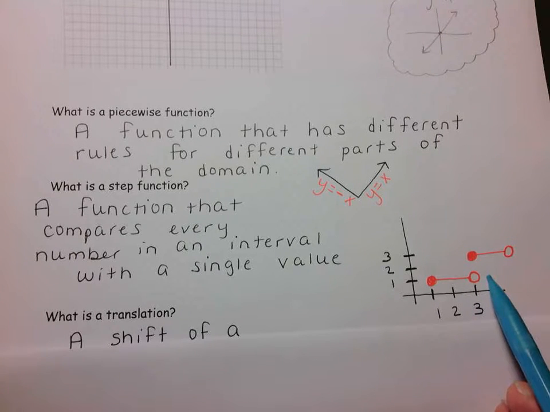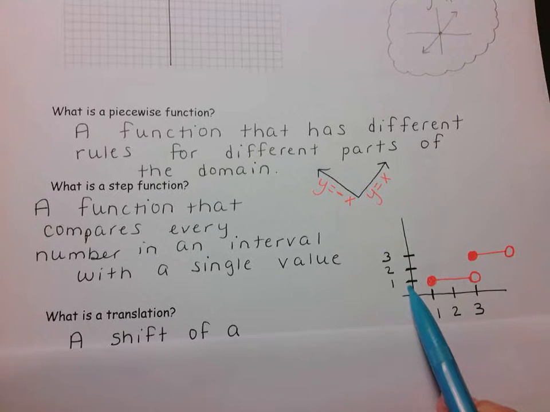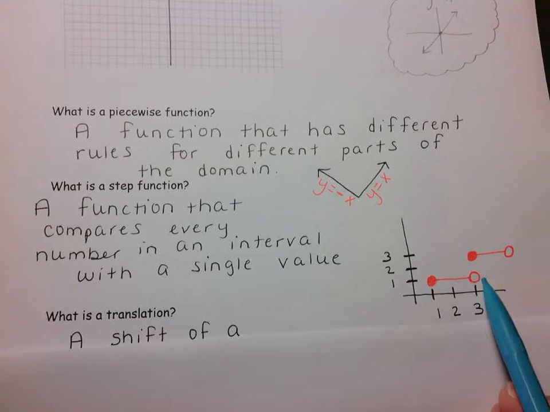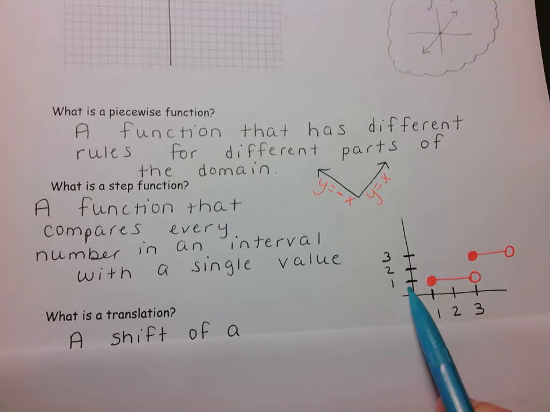What is this telling us? This is telling us that when x is greater than or equal to 1 and less than 3, y is going to be 1. It compares every number in an interval with a single value, and the single value here is y equals 1. That is a step function.